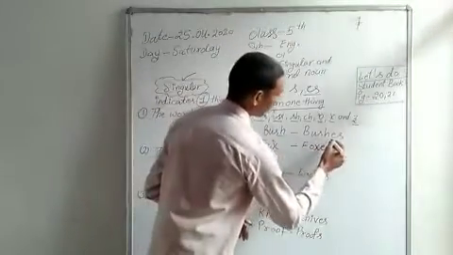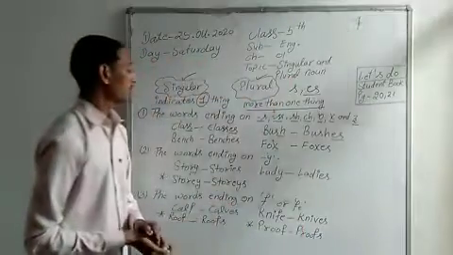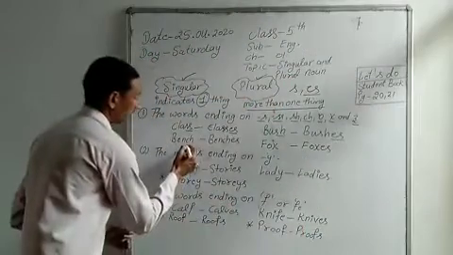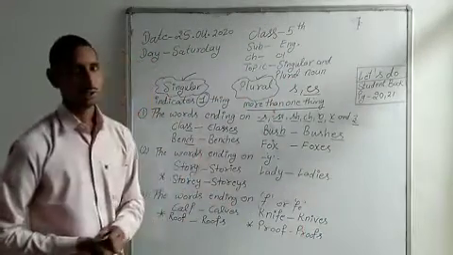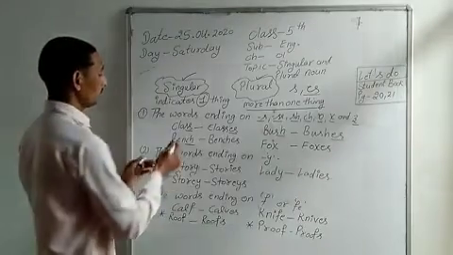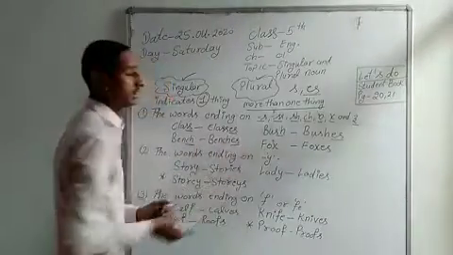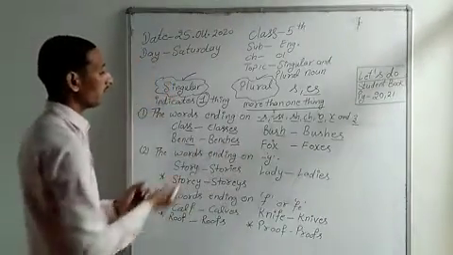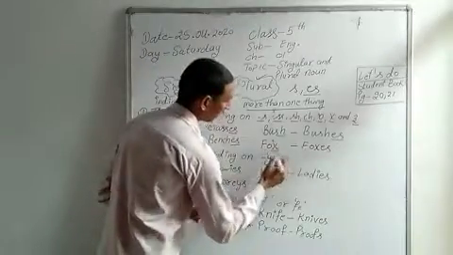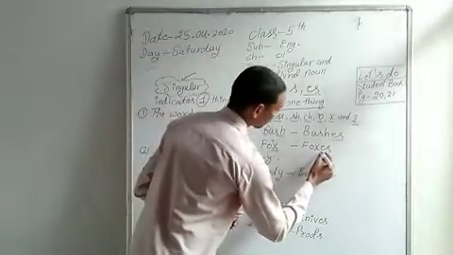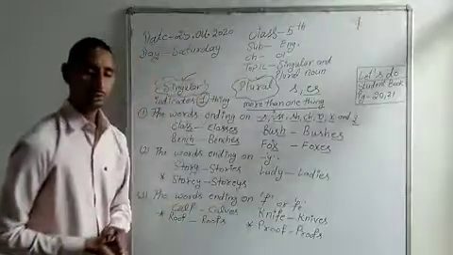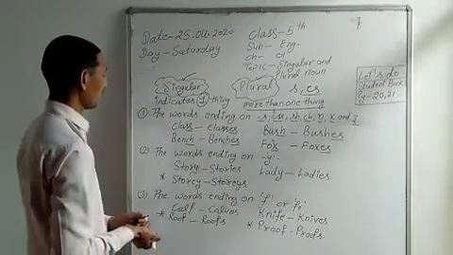We will add here es. Bench word has ch in the end. So we will add es with it also. Fox, x is given in the end. So this will also follow the same rule. Es will be added here in the end of it.